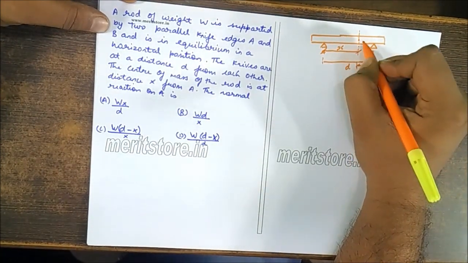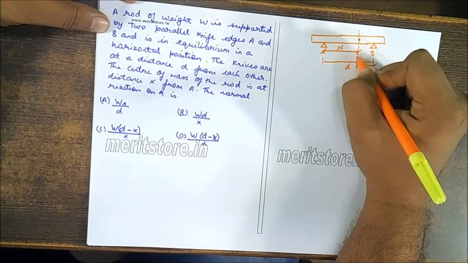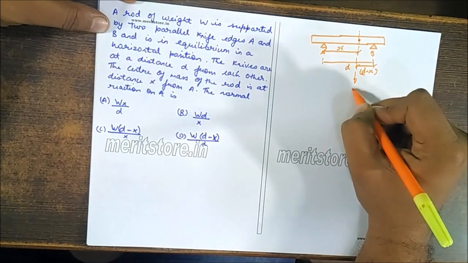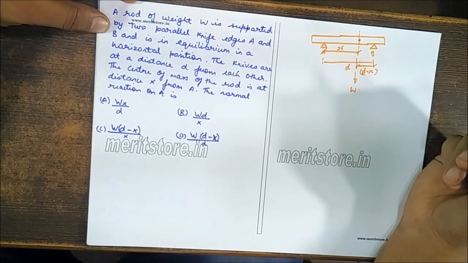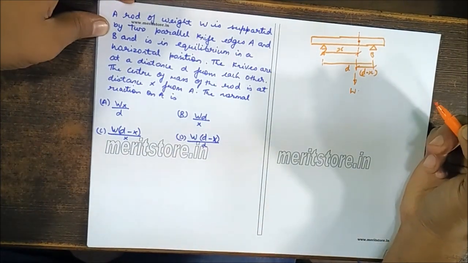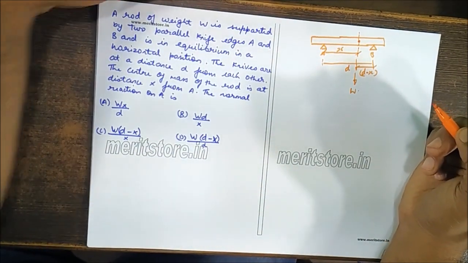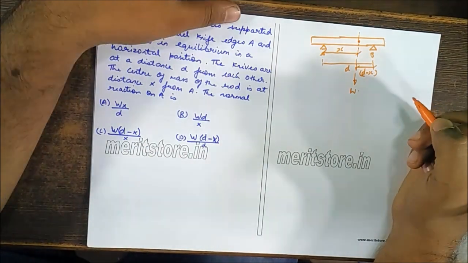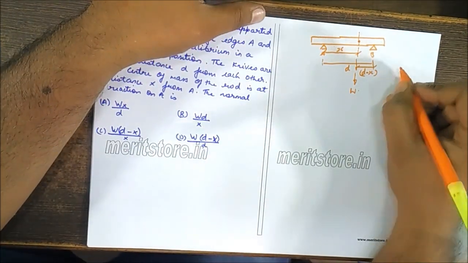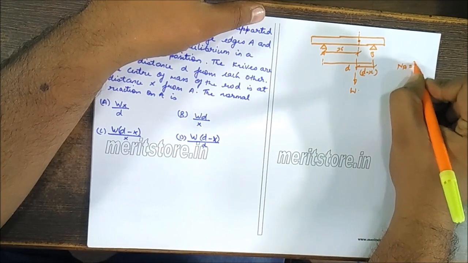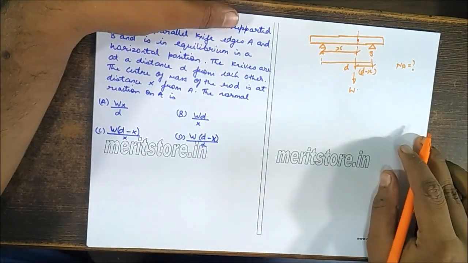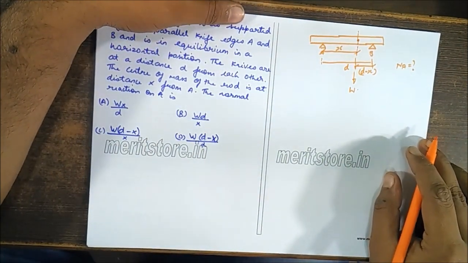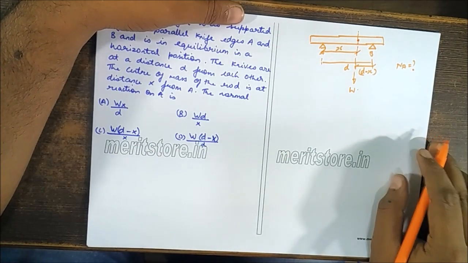Its weight W will be at the center of mass. So the normal reaction on A has to be calculated; NA has been demanded. Now, this is a question related to the conditions of equilibrium.